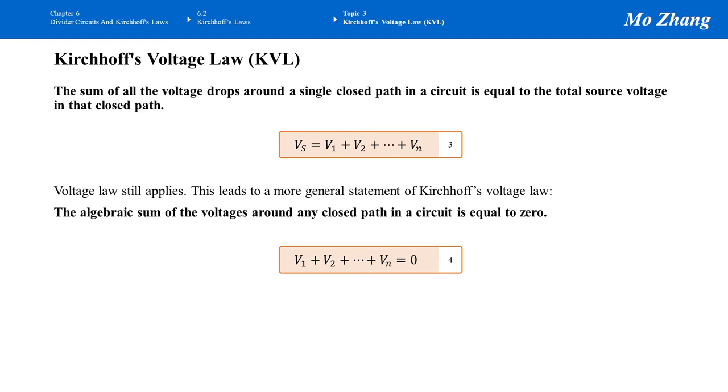If this is confusing, there is another way to look at it. That is, if we add all the voltages in the system, including all the voltage drops and all the source voltages, the net voltage of the system equals 0 volt. And that is the second expression here. My personal favorite expression is the second one.